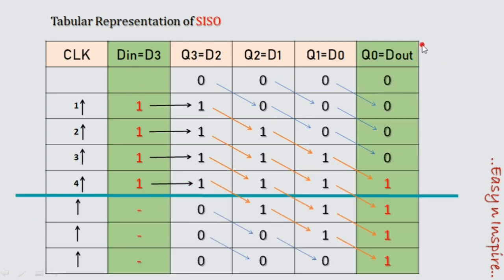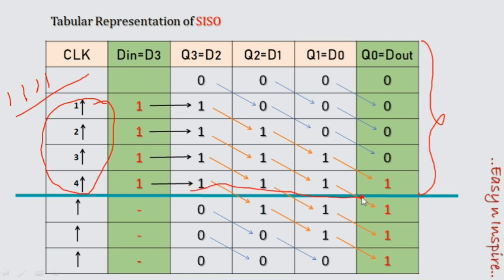This is SISO and I have already discussed up to here in the last video. After 4 clock pulses, this is my data actually, 4 ones as input. After 4 clock pulses, I got 4 ones here. Data is stored in the register, but I am not getting all this data as output.